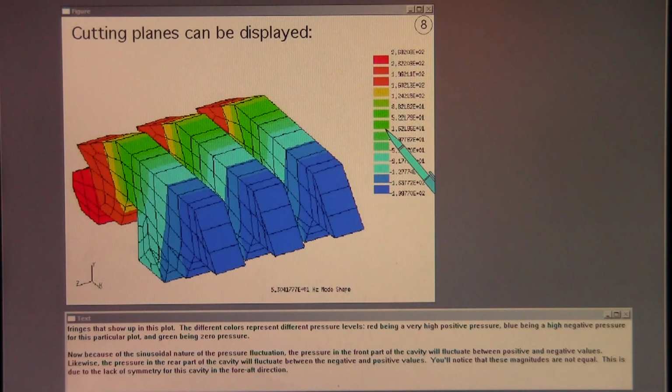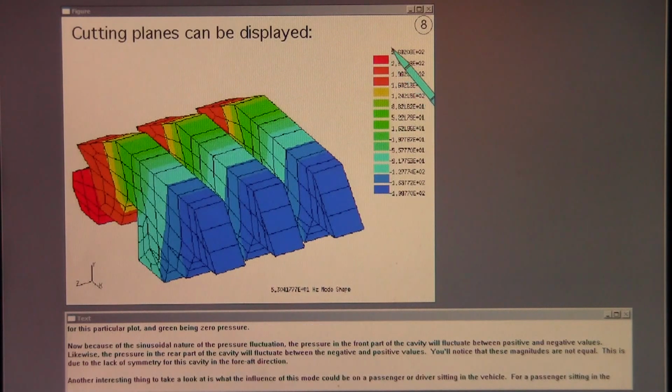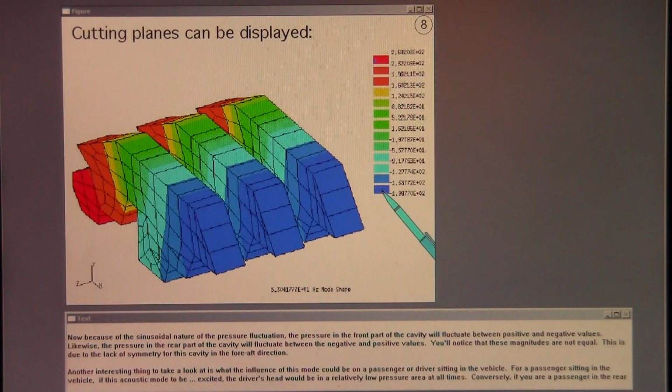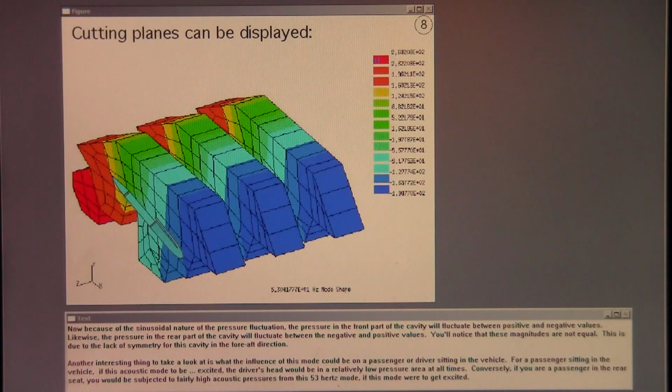Now, because of the sinusoidal nature of the pressure fluctuation, the pressure in the front part of the cavity will fluctuate between positive and negative values. Likewise, the pressure in the rear part of the cavity will fluctuate between the negative and positive values. You'll notice that these magnitudes are not equal. This is due to the lack of symmetry for this cavity in the fore-aft direction.